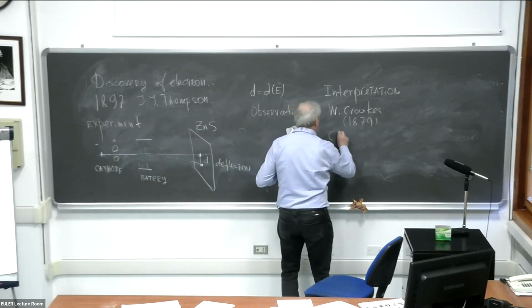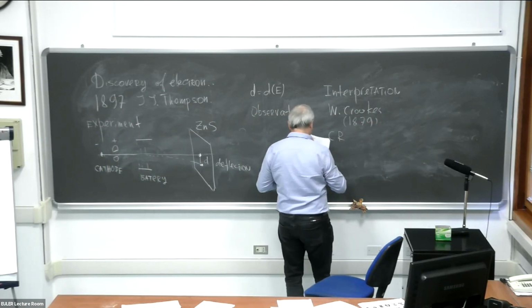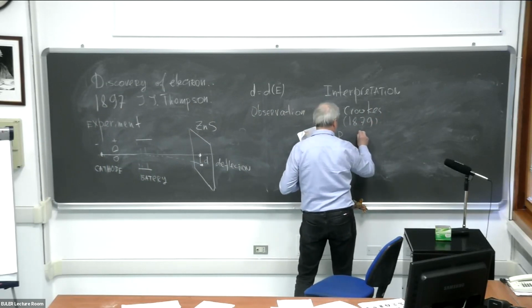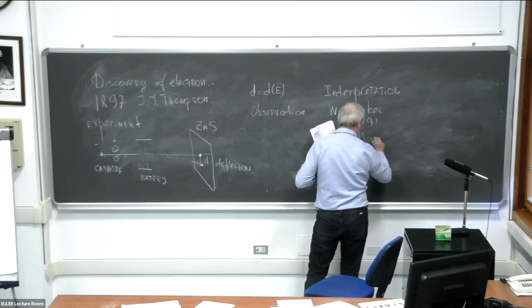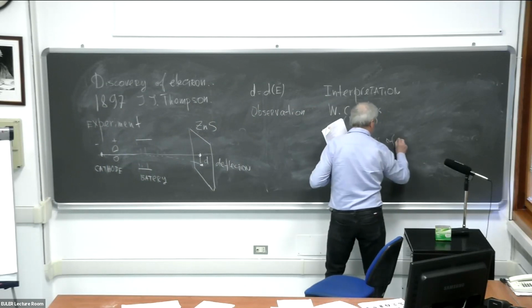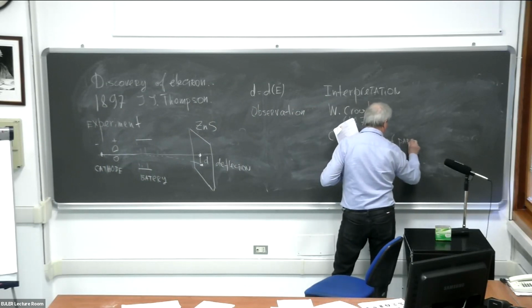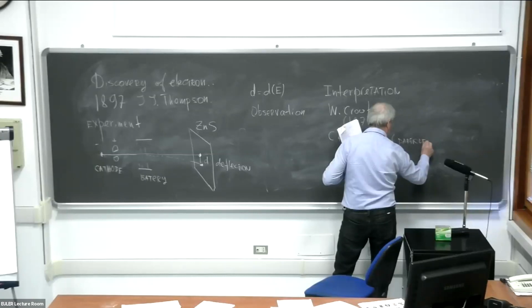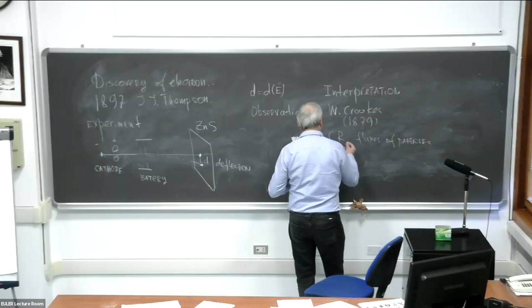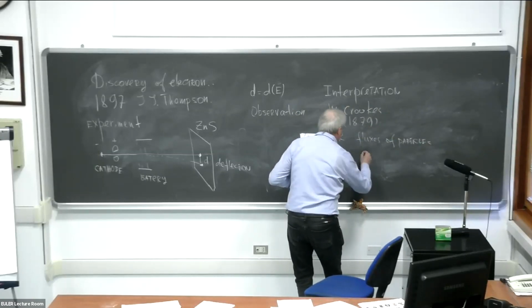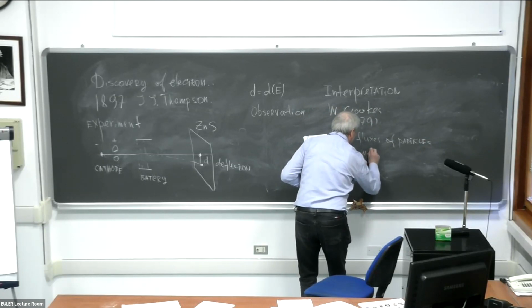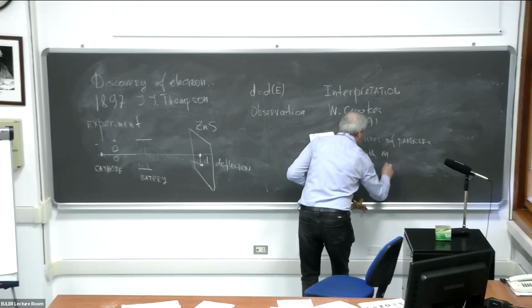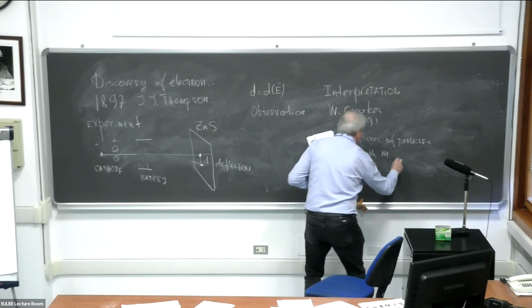So cathode rays are fluxes of particles emitted from the cathode with definite mass and electric charge.